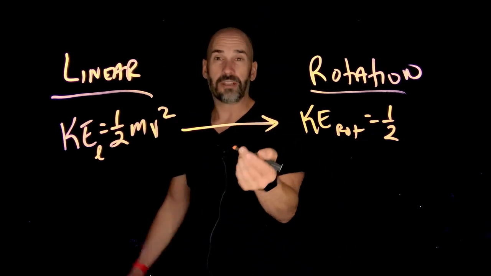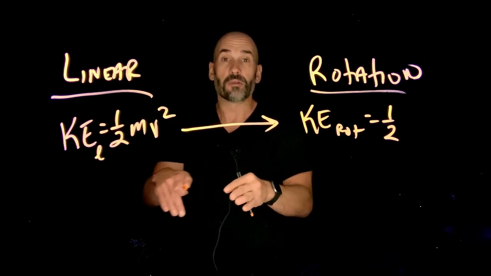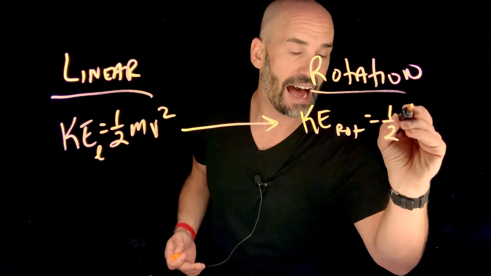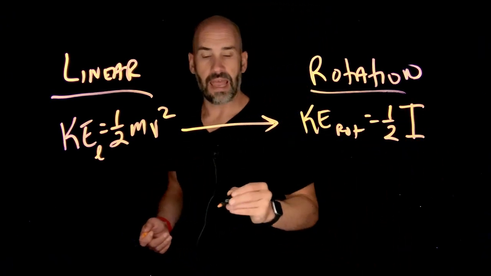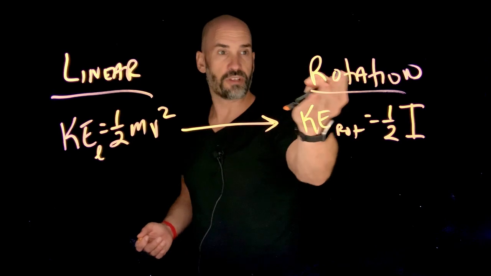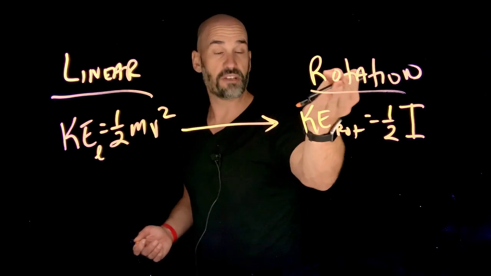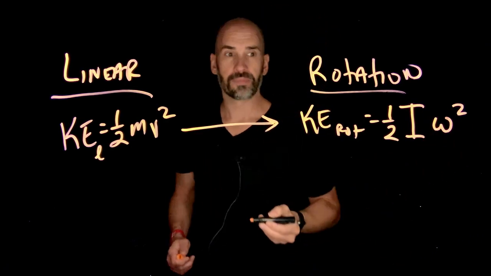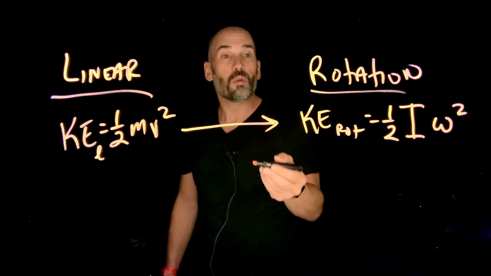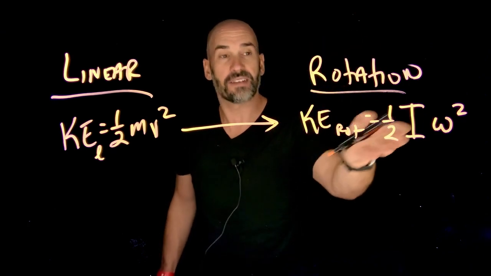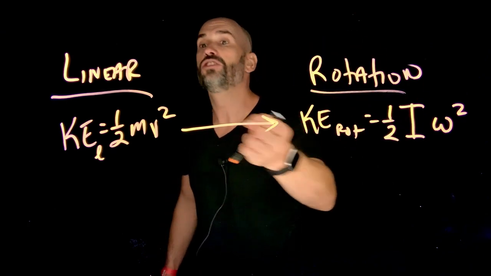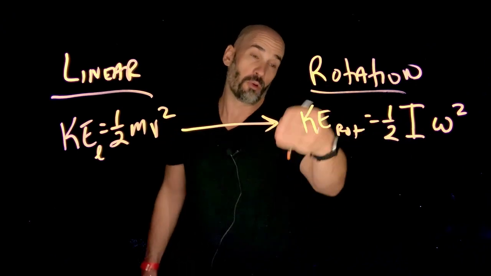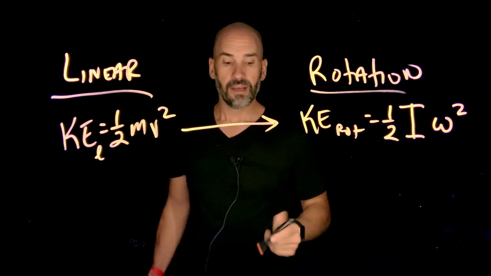What is m in the rotational world? Well, it's the rotational inertia that we just talked about, or the moment of inertia. That's I. And what is v in the rotational world? What is linear velocity in the rotational world? Angular velocity. So you just replace that v squared with an omega squared. Again, we found a new concept, this rotational kinetic energy, just by replacing the old equation with the rotational variables.